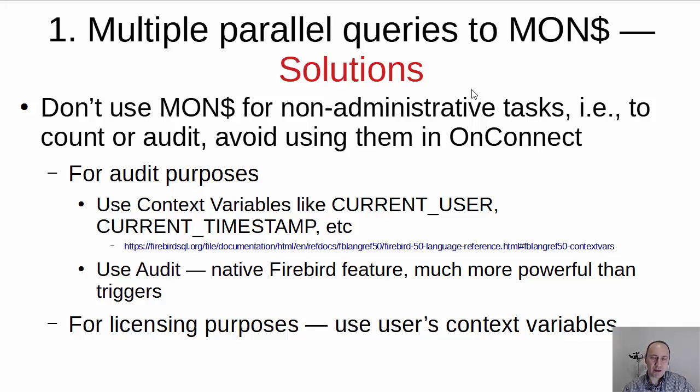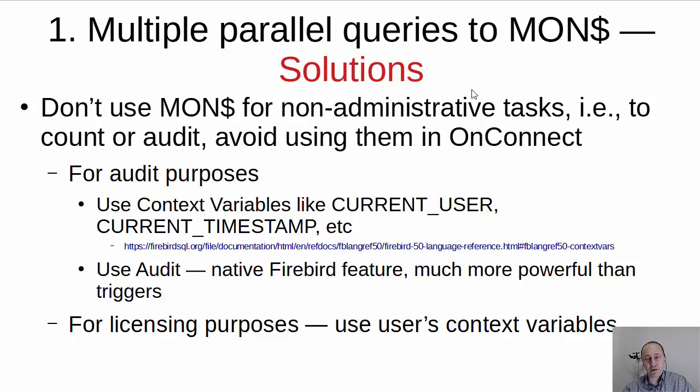First of all, there are context variables which contain data like current user, current timestamp, and so on, which can be used instead of querying the monitoring tables to get this data. So use them. It is a really fast and convenient way to log the activity of users, for example.